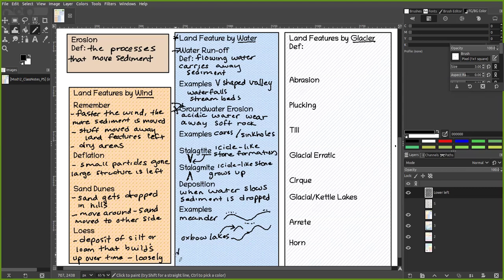Another one is a delta or an alluvial fan. Now a delta tends to be really big, coming out of a river. An alluvial fan tends to be a little smaller. So when you've got a river coming out of a land and coming to the ocean, so here you have the ocean.